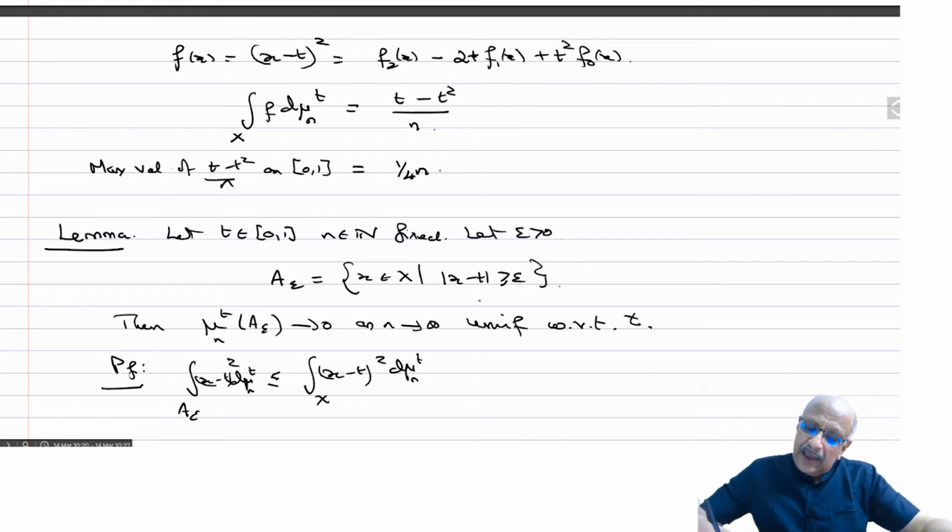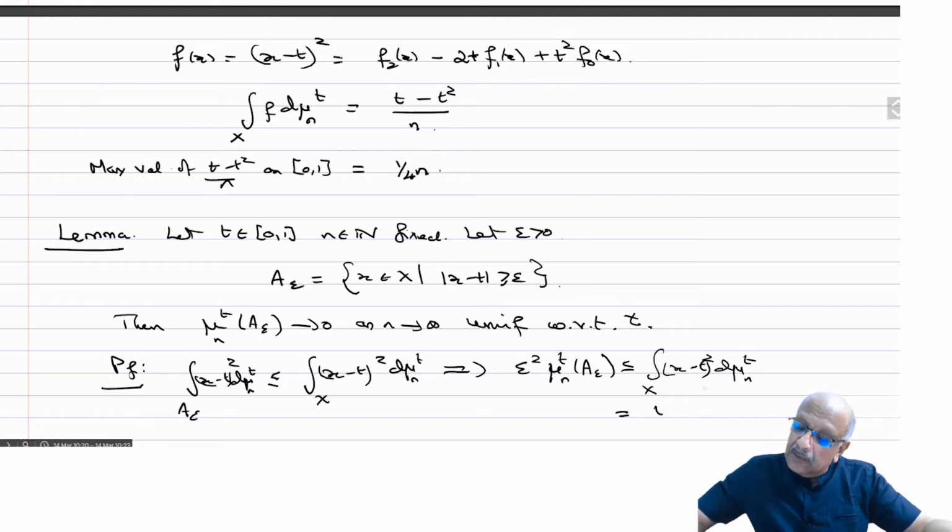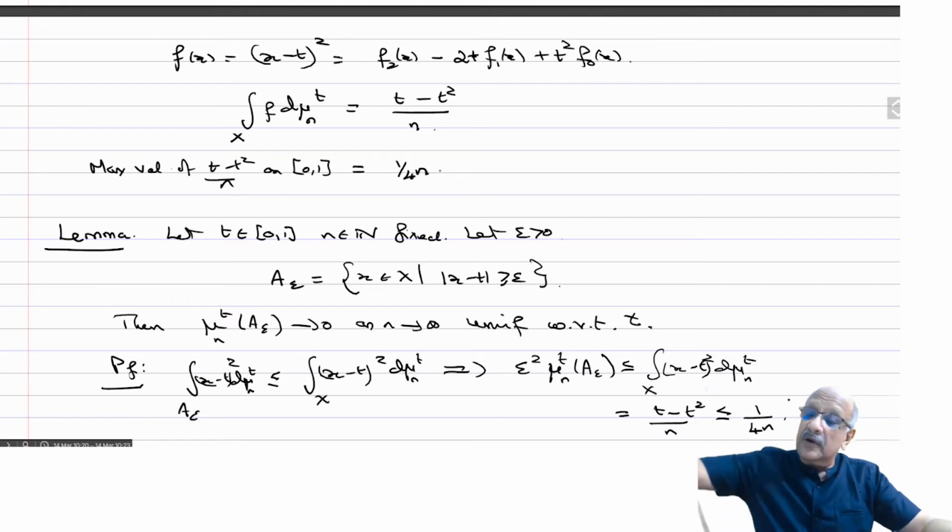But on A epsilon, this is bigger than or equal to epsilon, so this implies that epsilon square mu nt of A epsilon is less than or equal to integral over X (x minus t) whole square d mu nt, and that we have already calculated, that's equal to t minus t square by n, and that's less than or equal to 1 over 4n as we already saw.